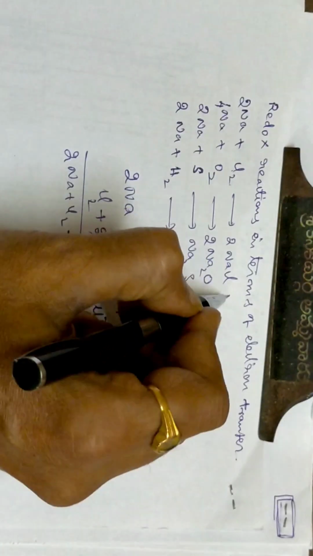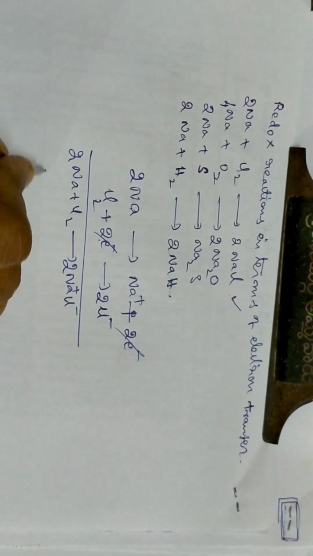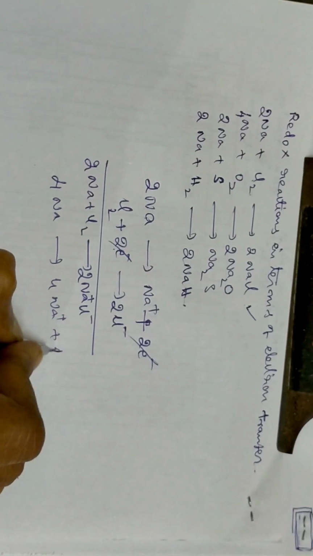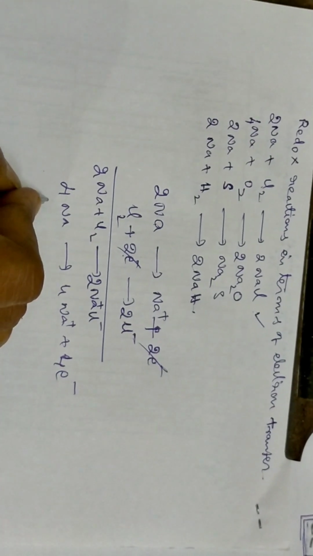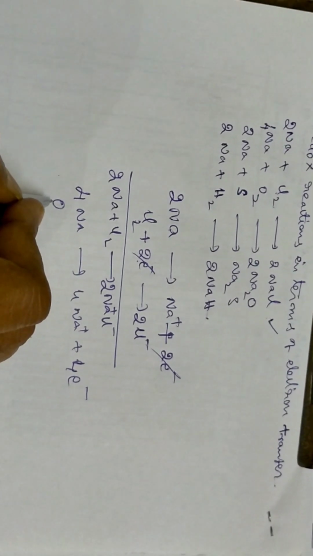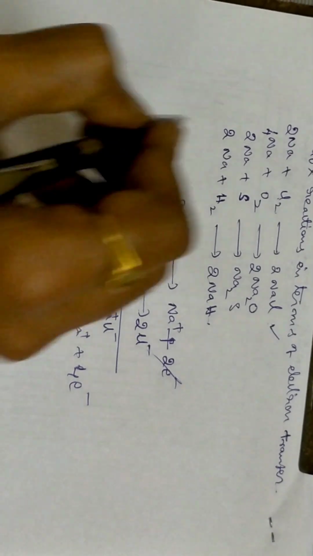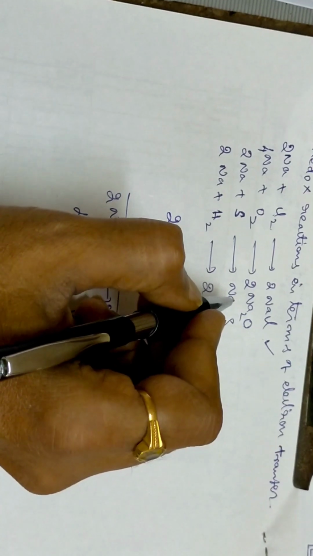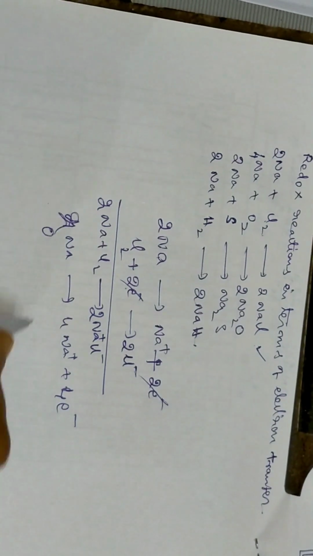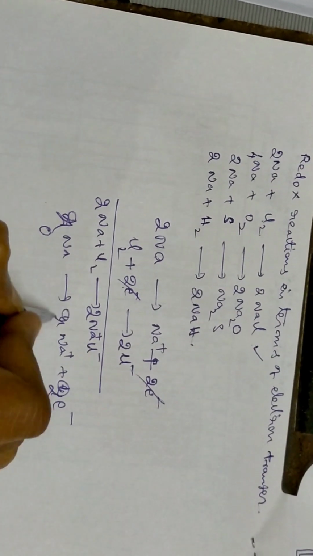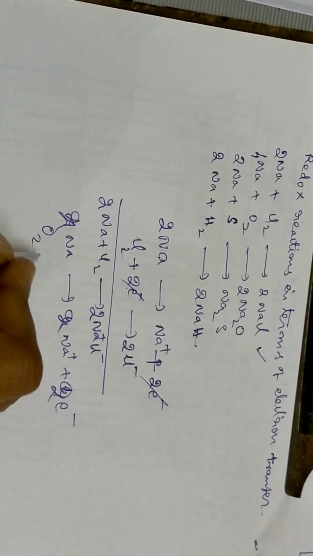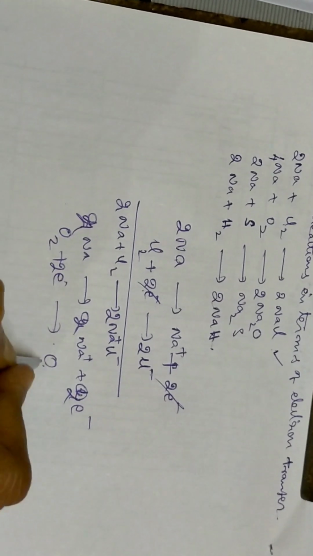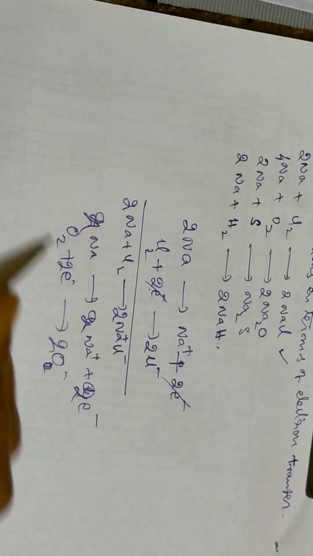Okay, this is the first reaction. The second reaction, take again 4 Na gives 4 Na+ plus 4 electrons, and O2 plus 4 electrons gives 2 O2-, that is Na2O. So 2 Na gives 2 Na+ plus 2 electrons, and O2 plus electrons gives O2-.